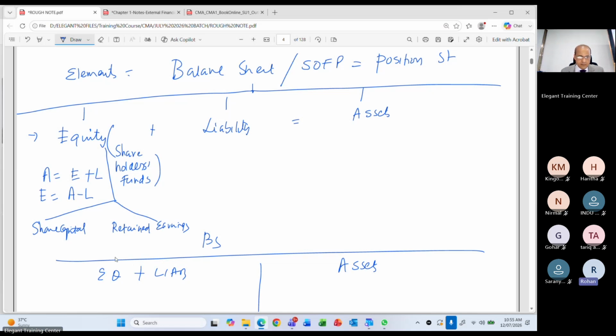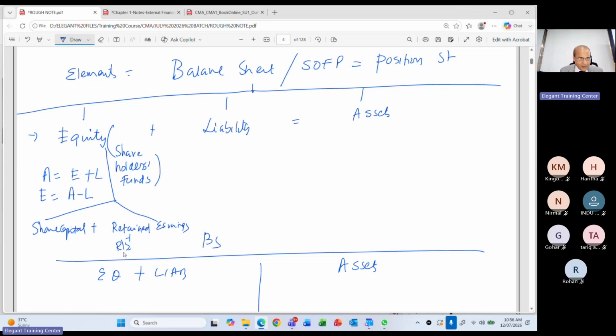The shares, share capital, and the reserves and retained earnings. Yes, retained earnings. Again, you can say reserve surplus. What all belongs to the shareholders is called equity. So equity does not mean only share capital. Shareholders funds do not only include capital, also retained earnings.